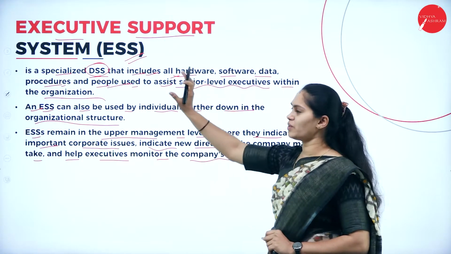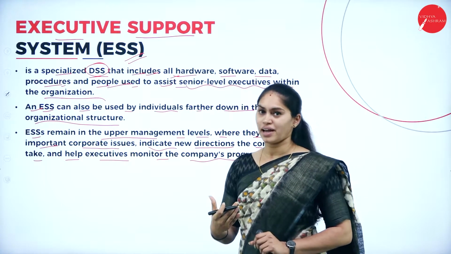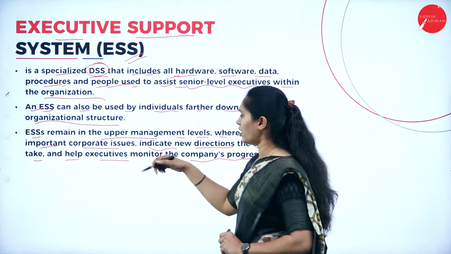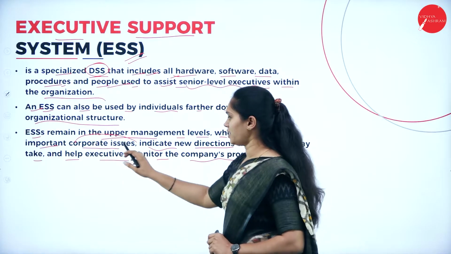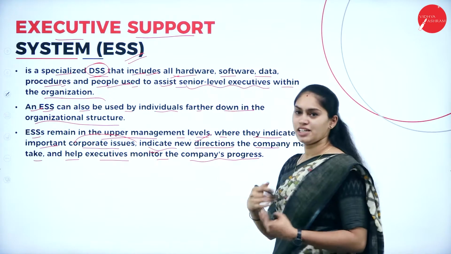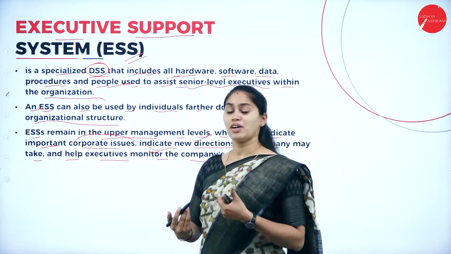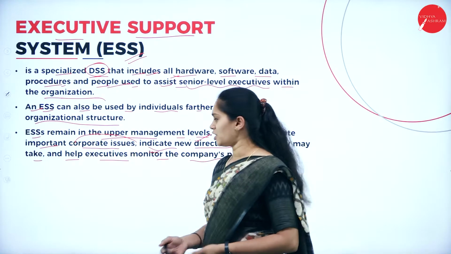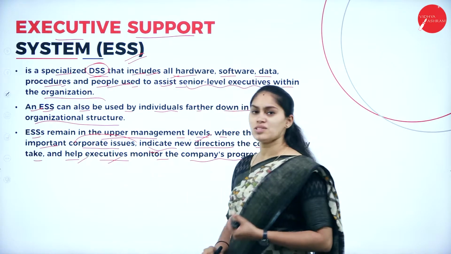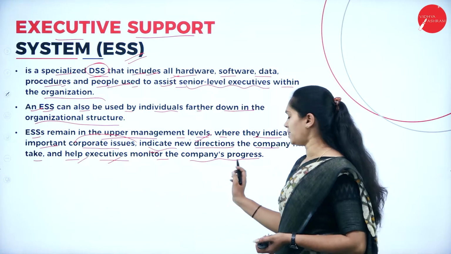So this ESS is going to guide the top level management to indicate the corporate issues and the new directions the company may take in order to enhance the efficiency of the organization, and it also helps the executives monitor the company's progress.